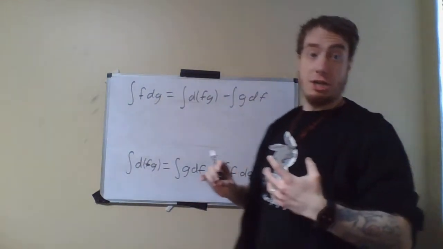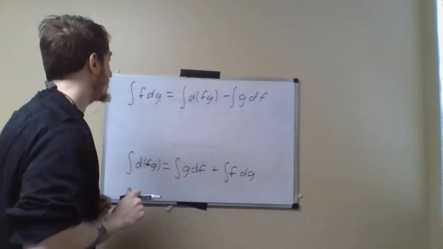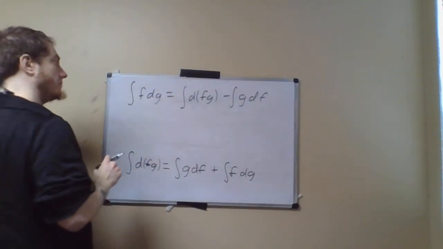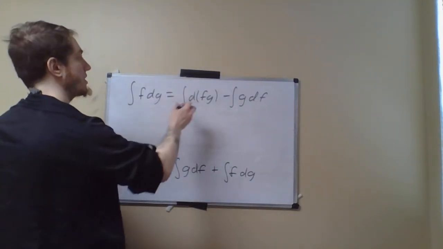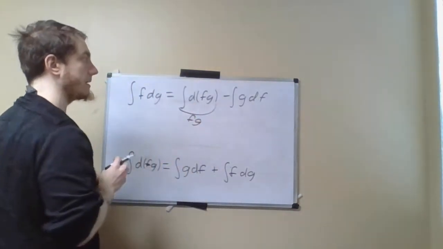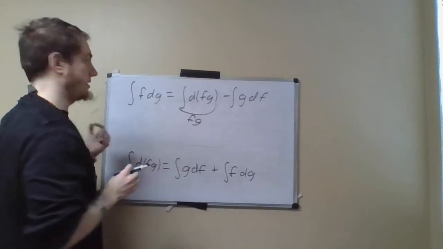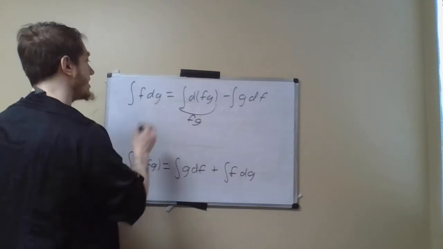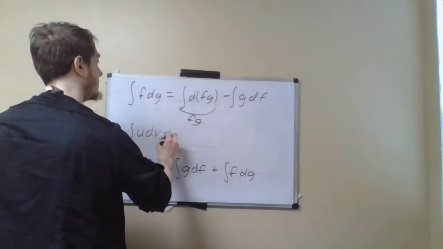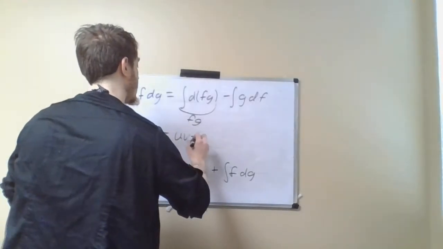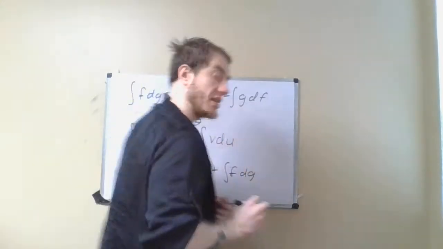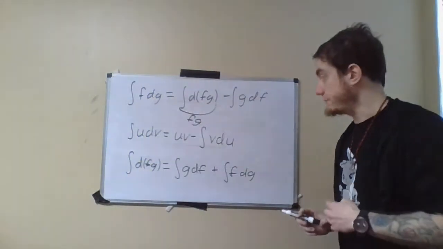Also, by convention, instead of using f and g, we usually write this out in terms of u and v. Oh, and one other thing to notice, this integral right here is really just f times g, possibly plus a constant. So if I rewrite this in terms of u and v, I say the integral of u dv is equal to uv minus the integral of v du. And there we go.